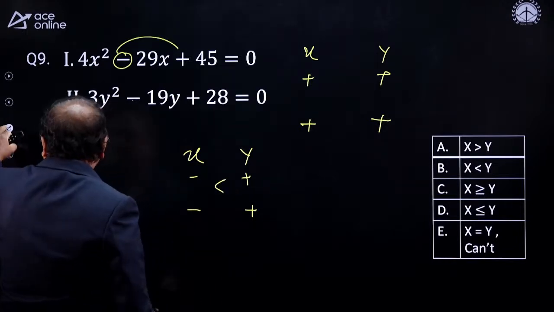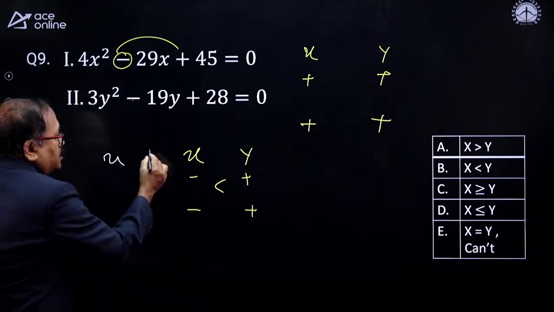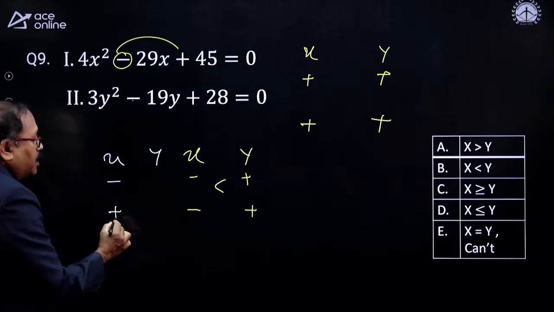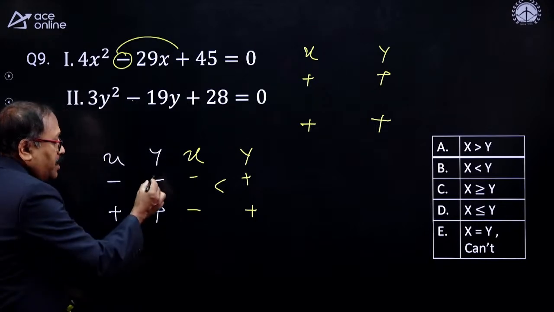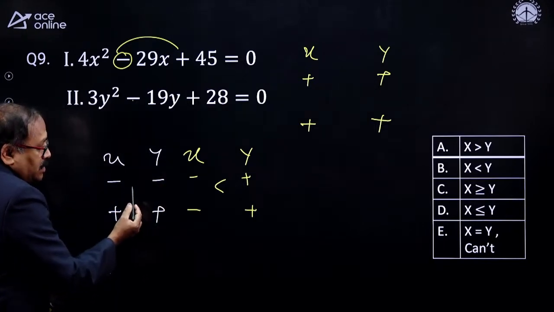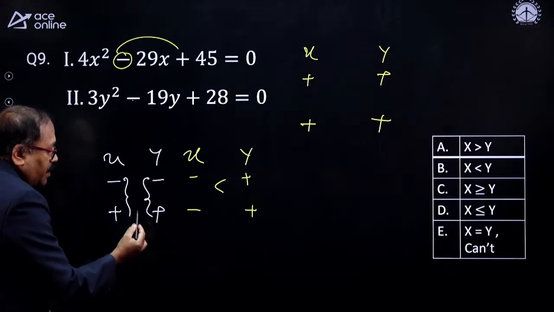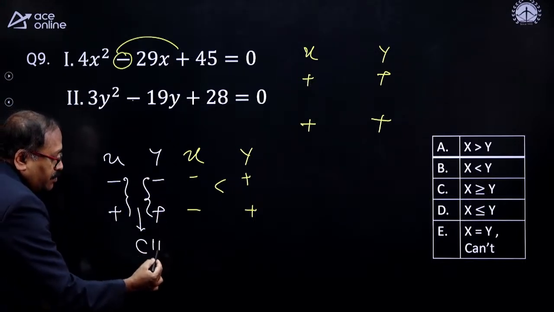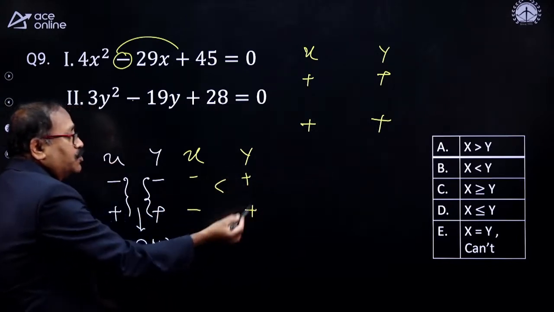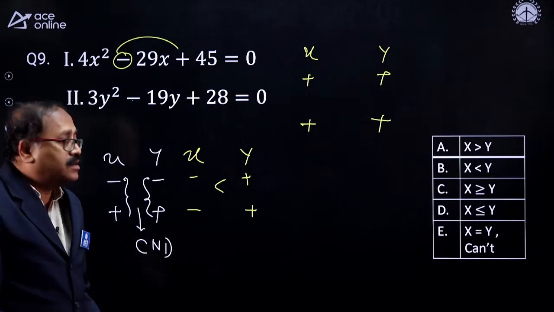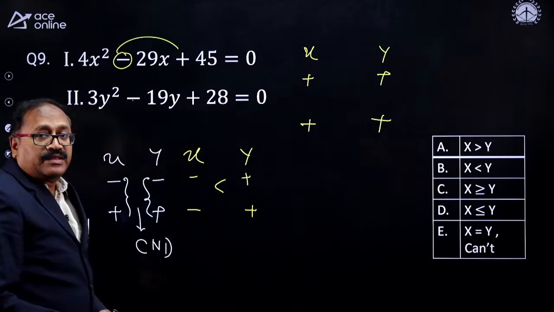But suppose I get a situation where x and y each have one minus and one plus value. In this case, your answer should be cannot be determined. But if both sides are minus or both sides are plus, you can't fix your answer by using the sign.